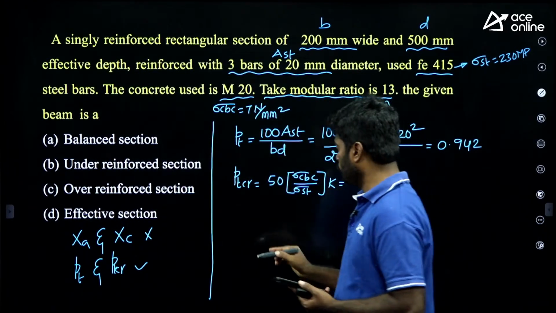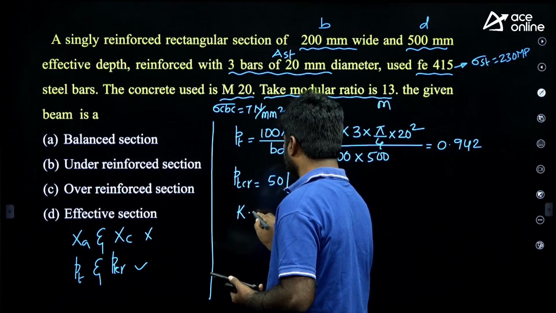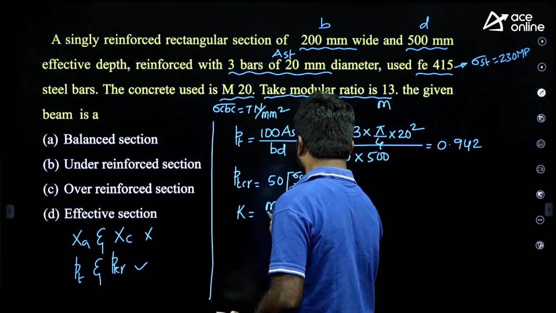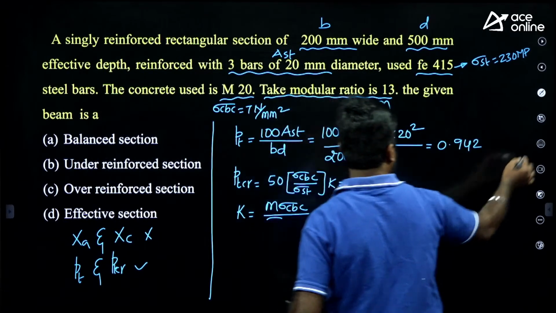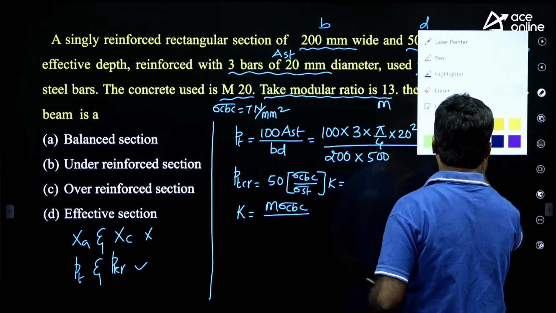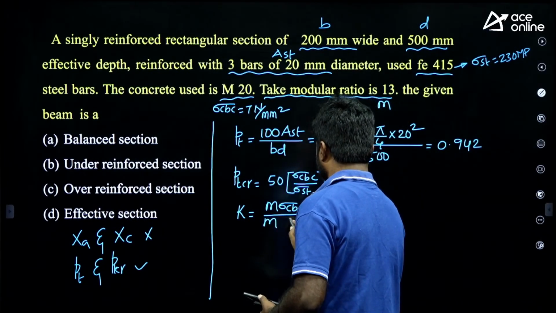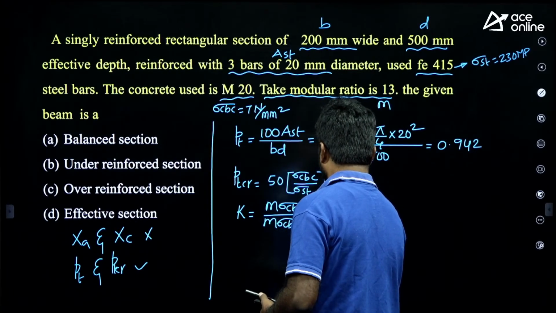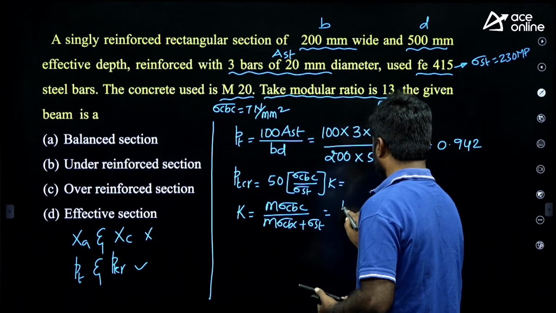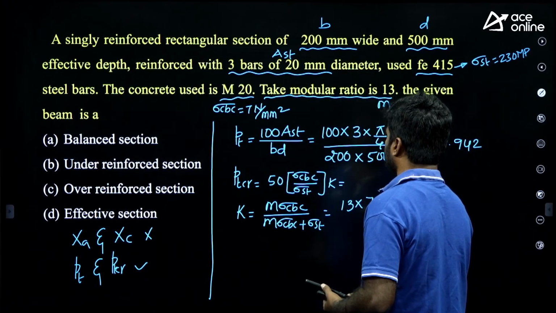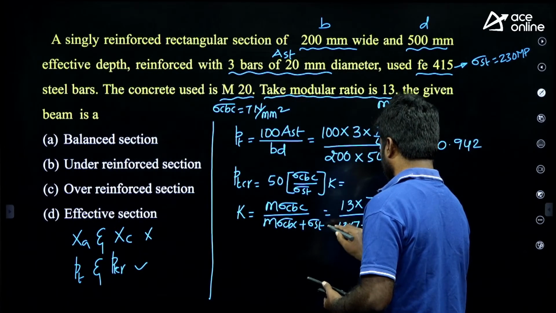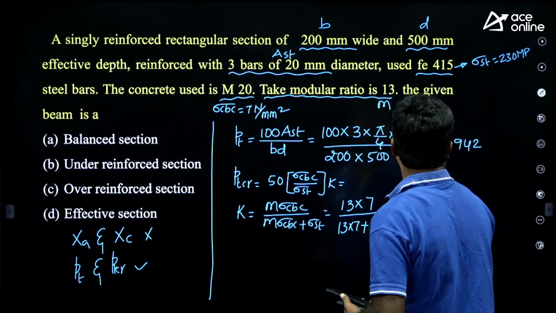My dear, k is the neutral axis depth constant, that is m sigma cbc upon m sigma cbc plus sigma st. Now, m value given is 13, sigma cbc is 7: 13 into 7 upon 13 into 7 plus sigma st value 230.